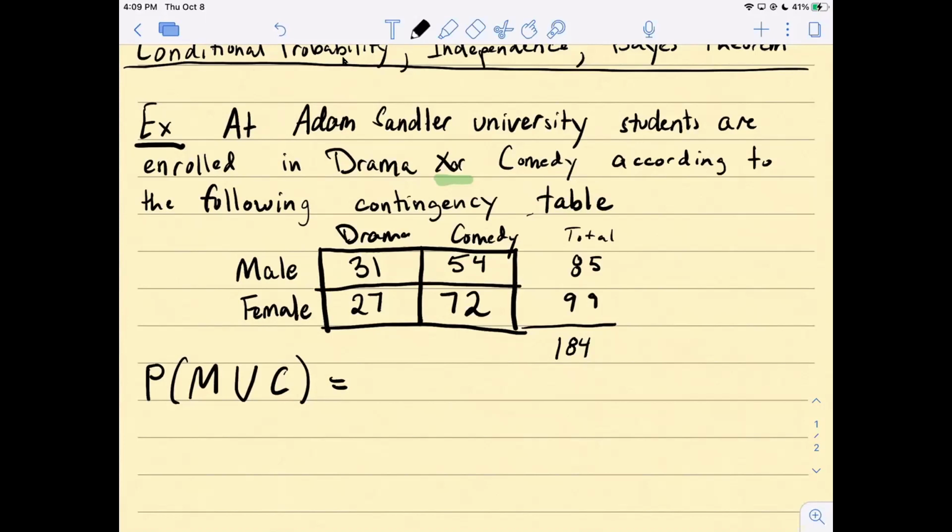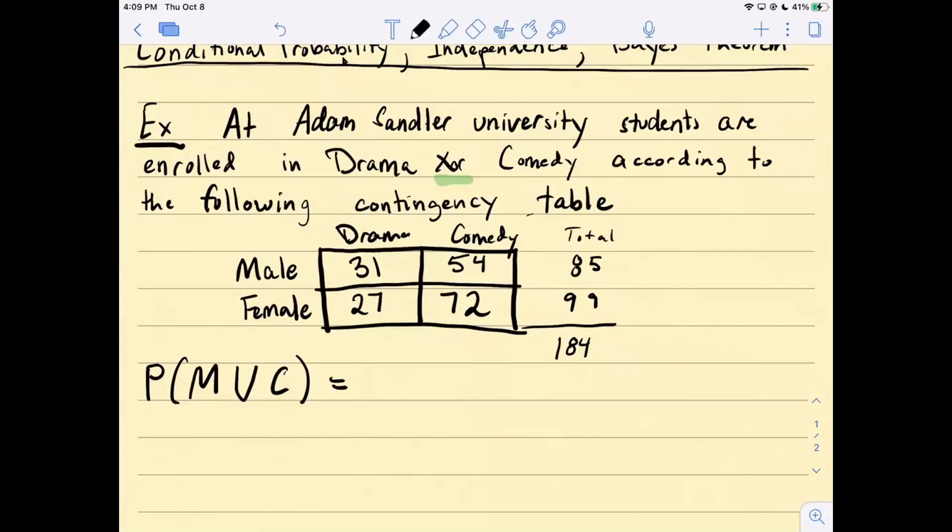And to be clear, that's OR, not XOR, right? Yes. I just put XOR in the problem statement because you can only major in one thing. There's no double majors allowed in this school. But here you could be both a male. We do want to consider the males that are in the comedy.